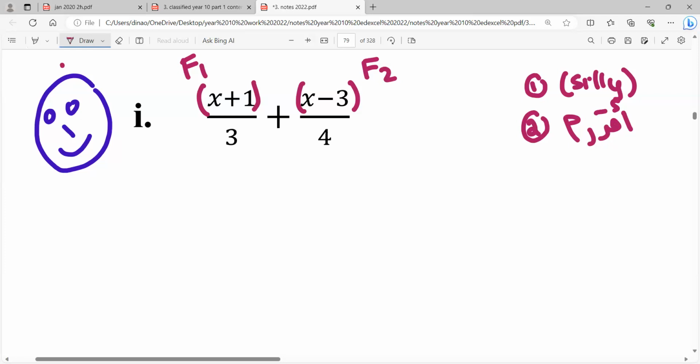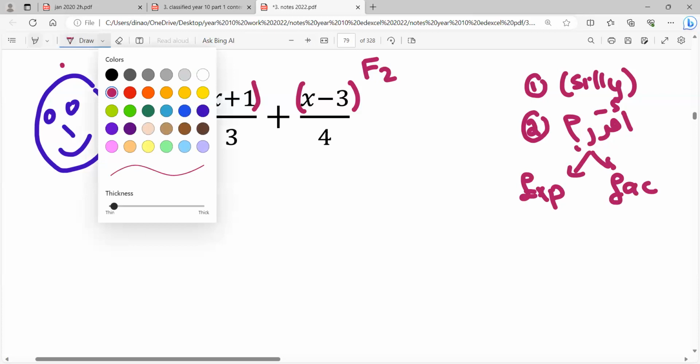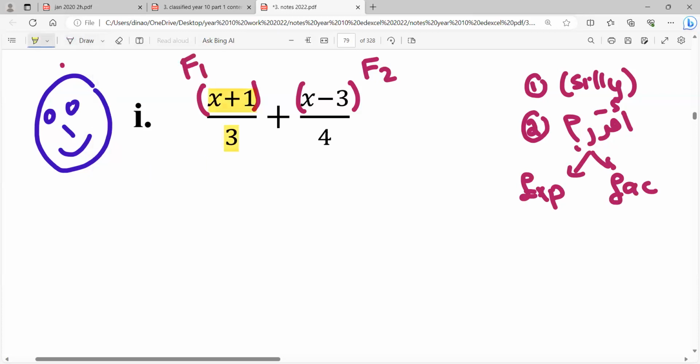I look at each fraction on its own and ask myself what I can do. For example, is there a bracket I can expand? Is there factorization I can do? To say this again in English in case anyone doesn't understand my Arabic, whenever you look at your algebraic fractions, first, as we said, put brackets to avoid silly mistakes, and then ask yourselves, is there anything that I can do with F1 or with fraction number 1?